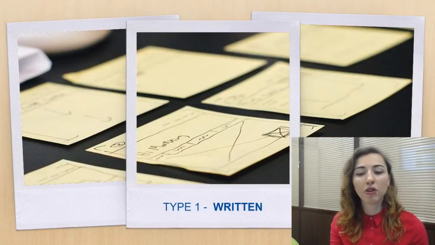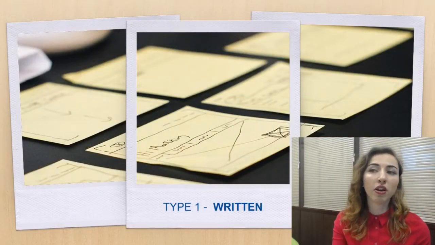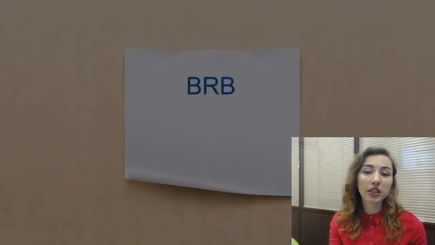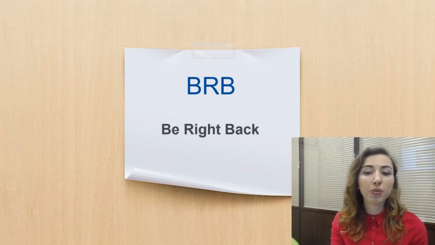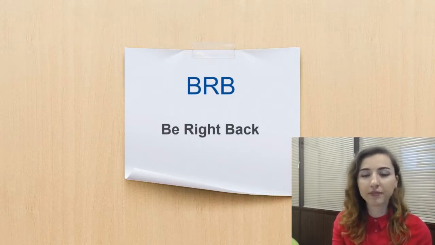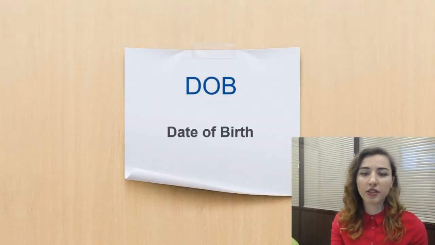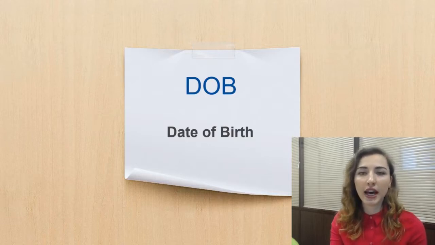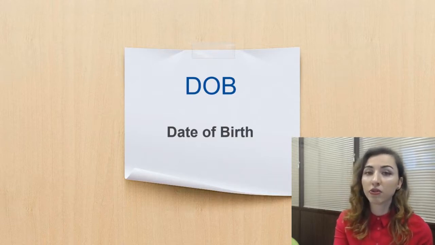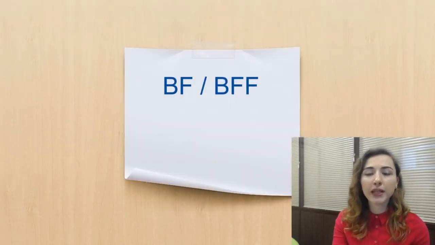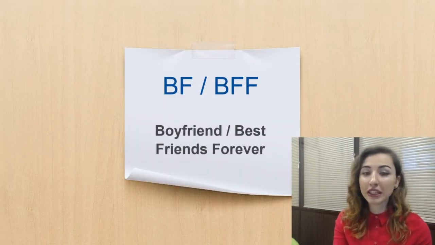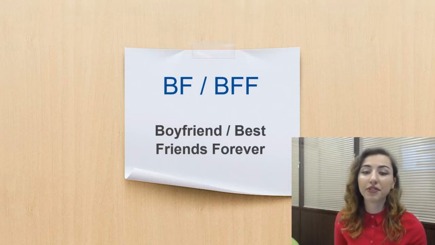Let's talk about the written ones. I'm not really going to go into examples, just the abbreviation of what it stands for, right? So BRB, which is be right back. DOB, just date of birth. You can often see that in questionnaires when you're asked to fill out information about yourself, right? Now, BF is boyfriend and BFF is best friends forever.